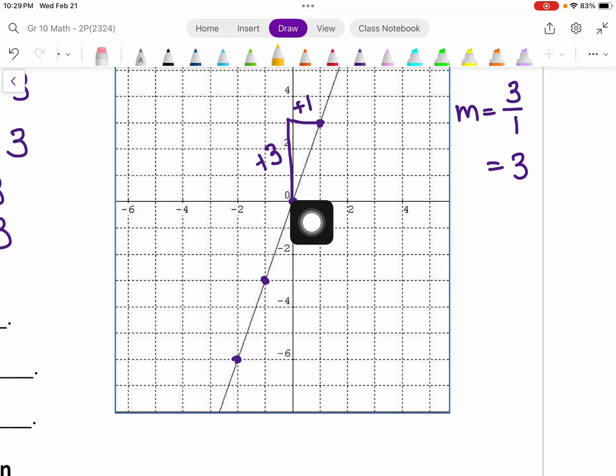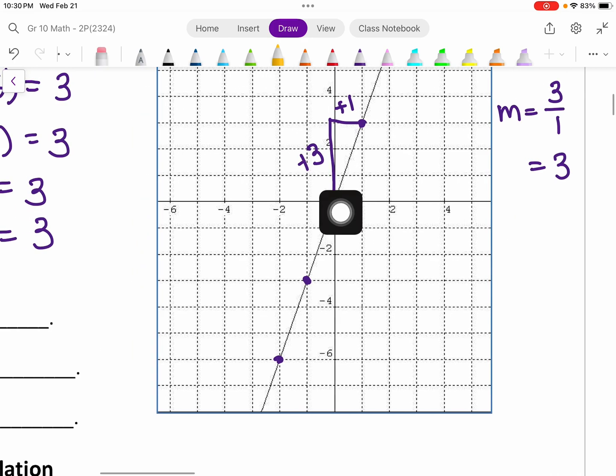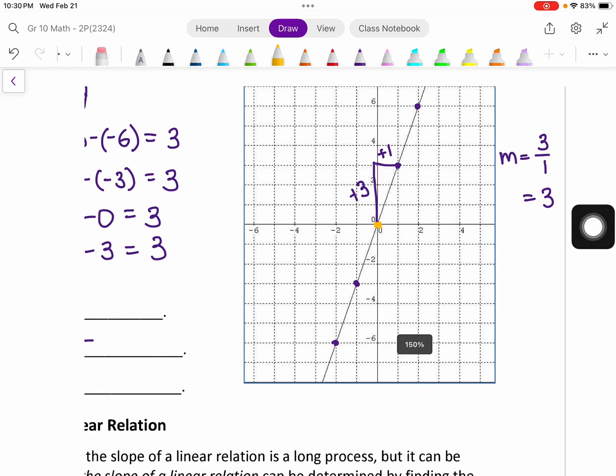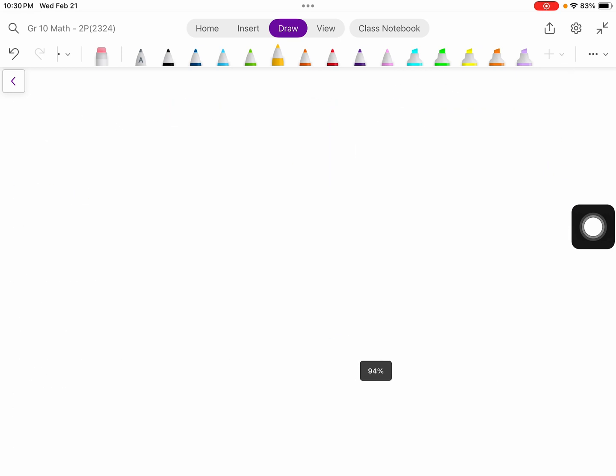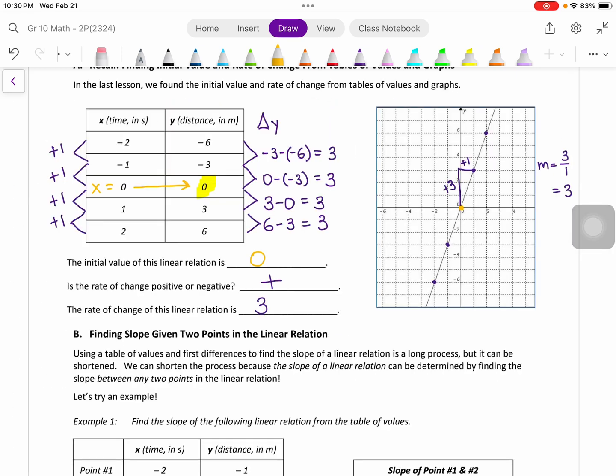So x is 0 over here, or the y axis is crossed over here by this graph. So I can also from here see that my y value on here is at 0. So the initial value can also be found either on the graph or from the table of values.